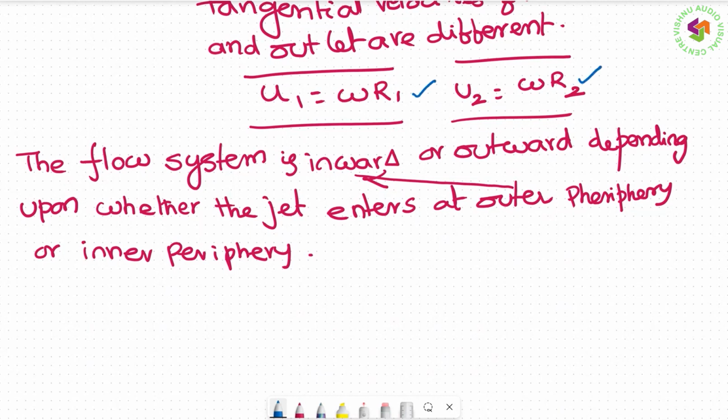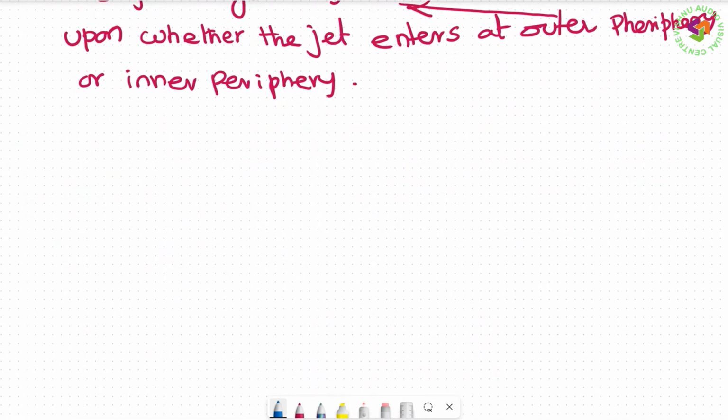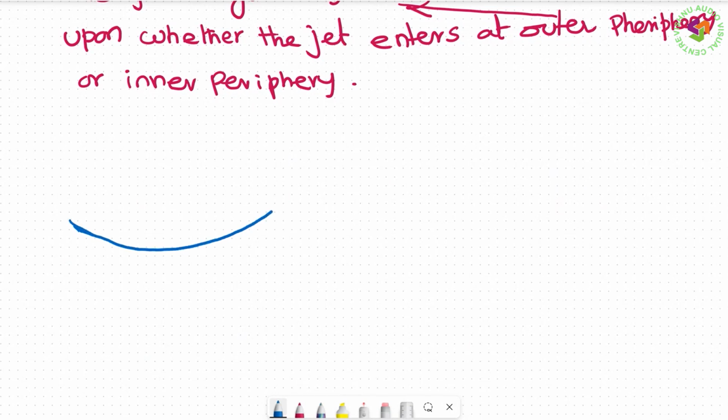Now, how are we going to solve the problem? Once again, if this is your radial curved vane, this is the inlet part, this is the tangent part.